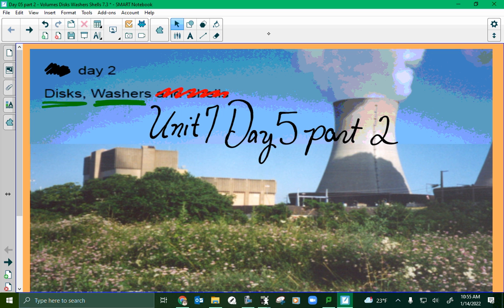But after a couple of years teaching this, I noticed that I never really saw a shell problem on an AP Calculus AB exam that I took. And I've done probably 20 to 30 of them just for practicing myself, just for understanding what problems on there. I've come across a disc or a washer, but never a shell.